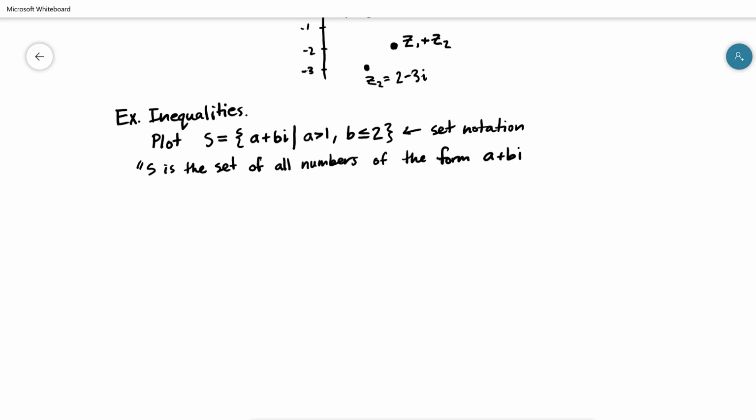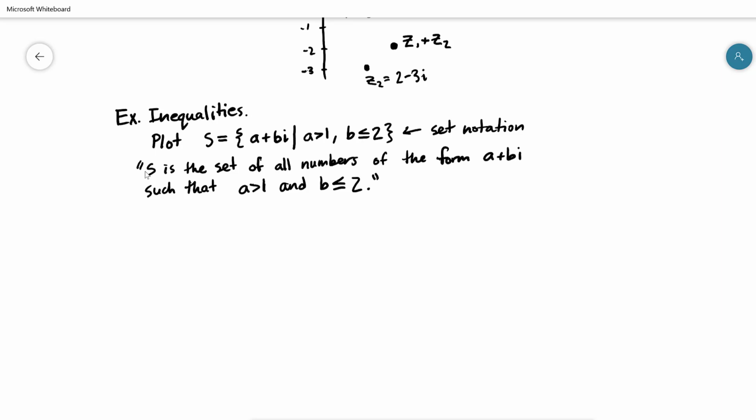Typically they'll use the word "such that": a is greater than 1 and b is less than or equal to 2. So this is the sentence of how you would read this notation.